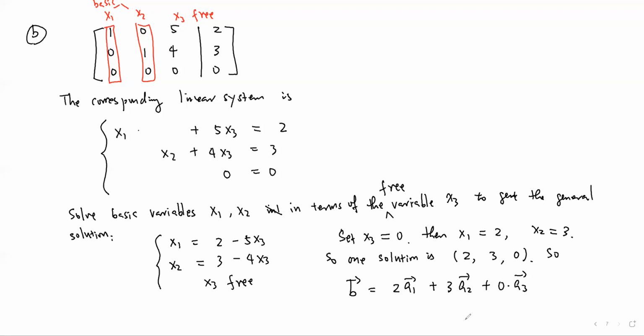This is one linear combination for B. You can check whether or not this equation is true. Compute 2 times vector a1, plus 3 times a2, plus 0 times a3. If the above computation is correct, no mistake, we should have this equation. Done. This is the answer to part B.